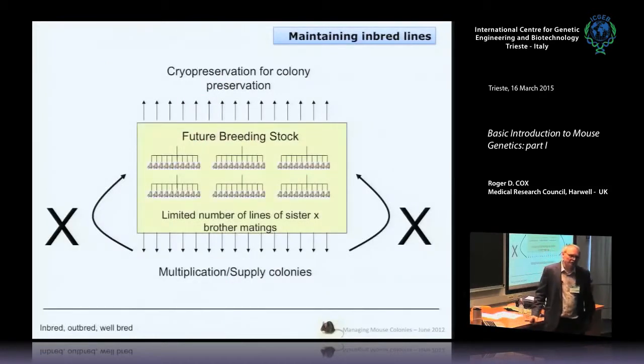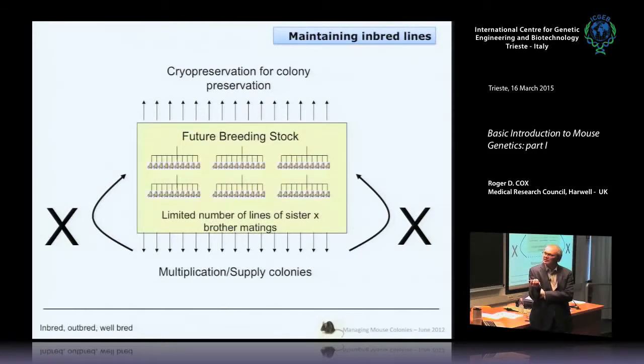So, how do you protect yourself against genetic drift? If you've bought your mice in and kept them for 10 years, they're going to change because they're going to accumulate mutations, assuming that you haven't contaminated them with another strain. There are various breeding strategies for doing this.